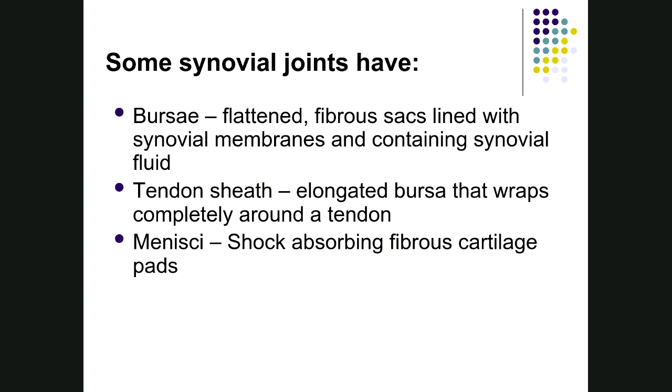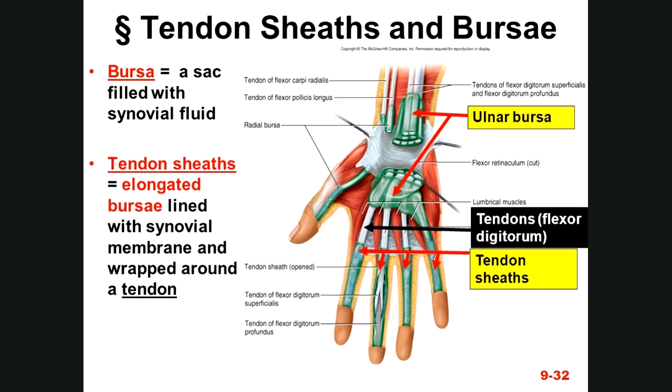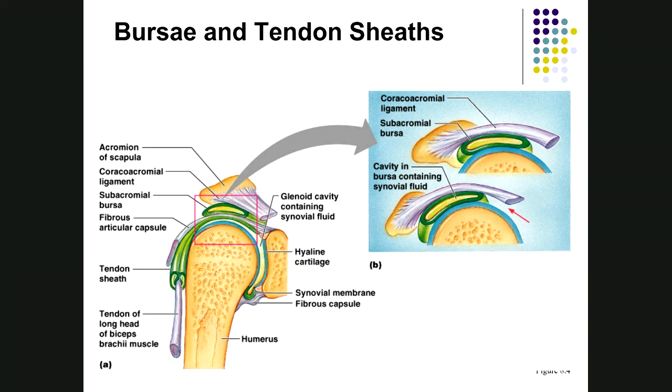So all synovial joints have those things. Some synovial joints have some other things. Some have what are called bursae, some have what are called tendon sheaths, and some have what are called menisci. A bursa is basically a little sac full of synovial fluid. That's a bursa right there. So it's very similar to the articular capsule.